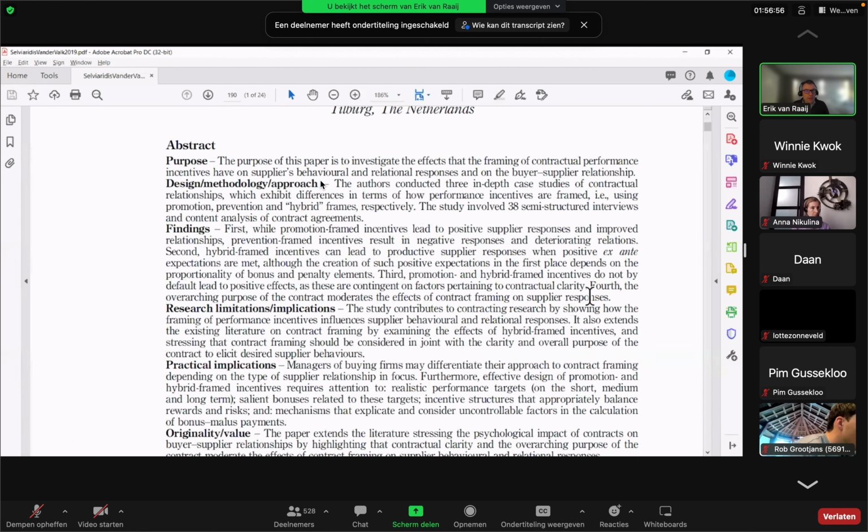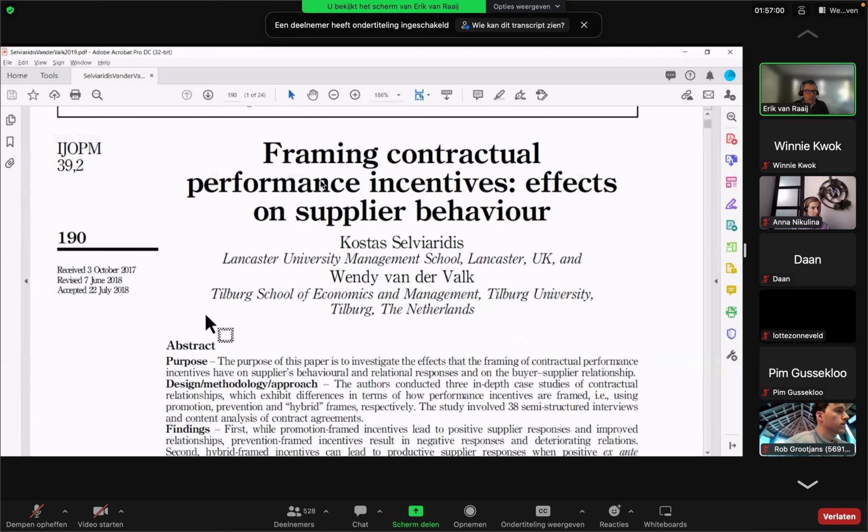What I would also like to show you quickly is that most journals nowadays also show the history of the journal. So you see here that the manuscript was first received the 3rd of October 2017. It was revised in June 2018, meaning that the authors received the reviews and then revised the manuscript. And it was finally accepted the 22nd of July 2018.